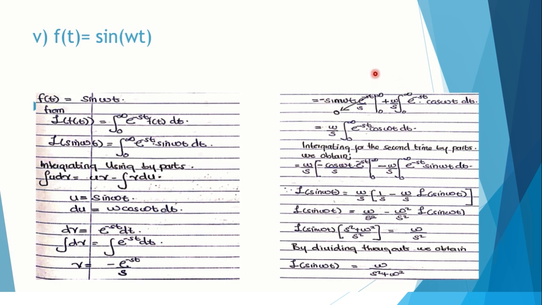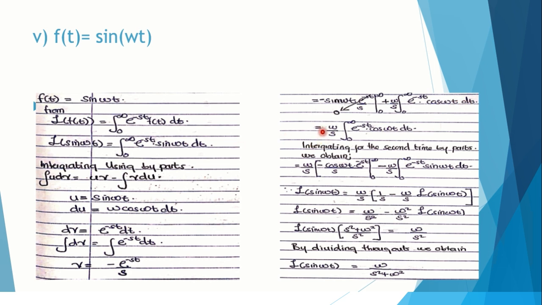Then remember, we are integrating from 0 up to infinity, plus the omega divided by the s. When we integrate from 0 up to infinity, we put in our v. Our v is going to be e. When we pull out the omega over s, it's going to be e minus st times the cos omega t dt.